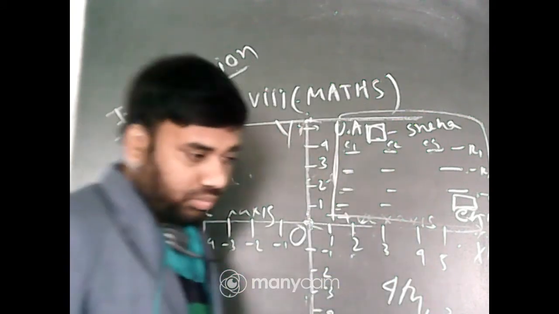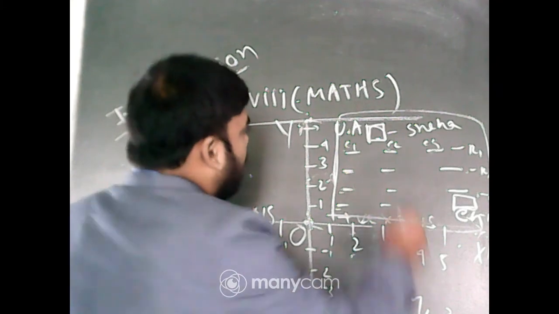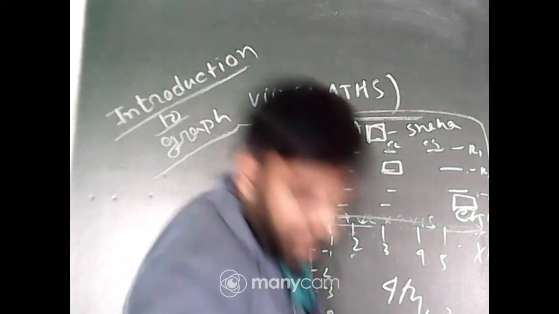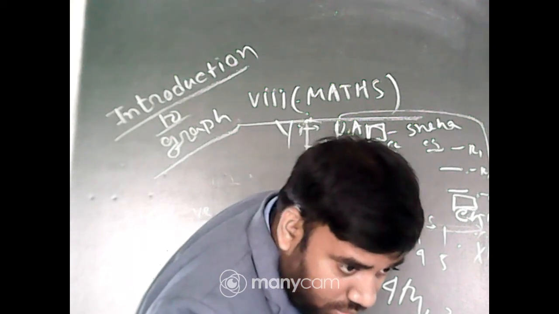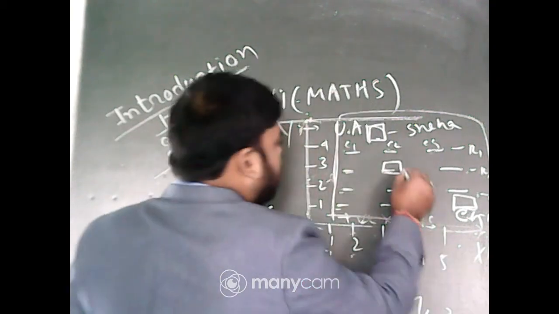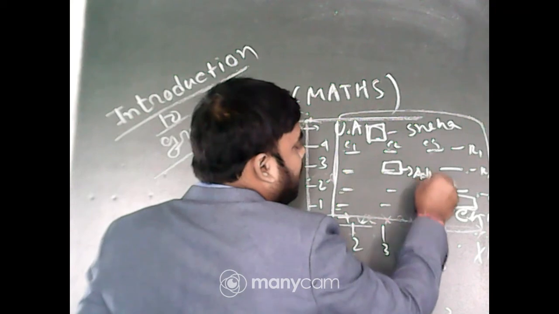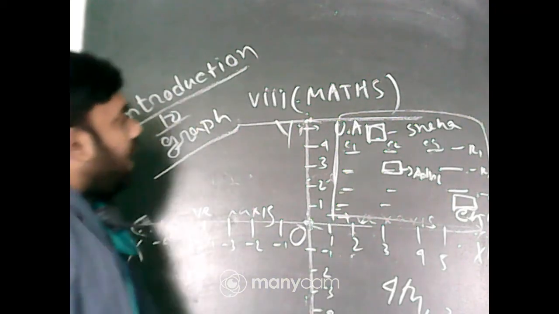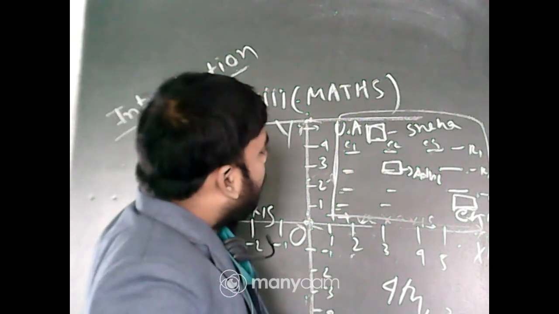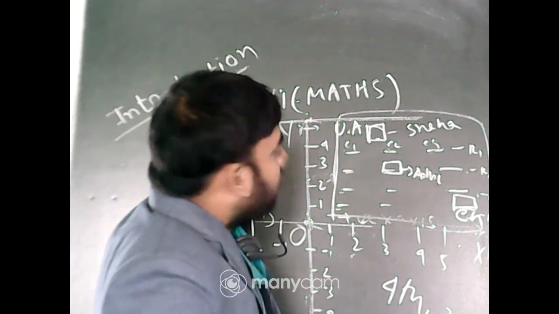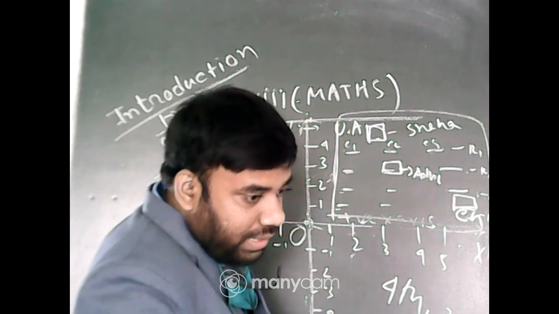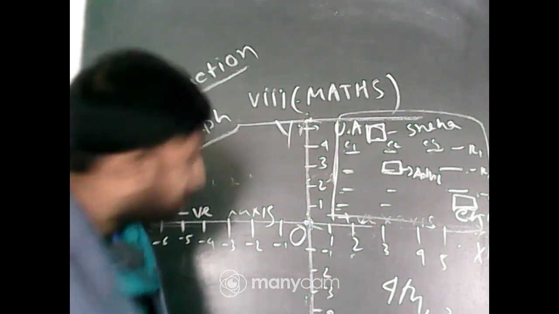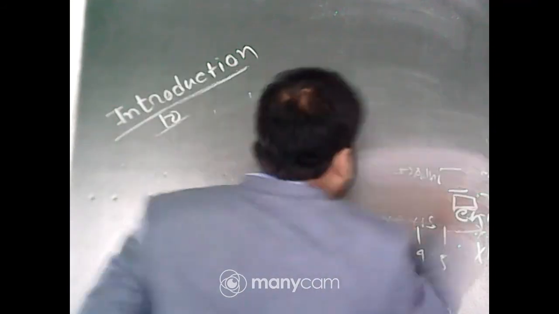Next, here one student is seated. Adri will sit here. And sir asks Sneha, what is the position of Adri? What will Sneha say? Okay, first of all, I am just rubbing it.